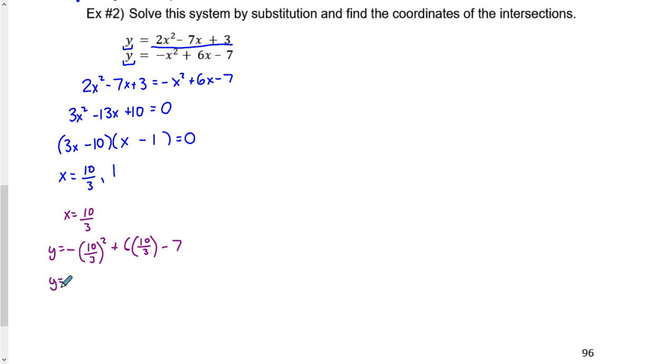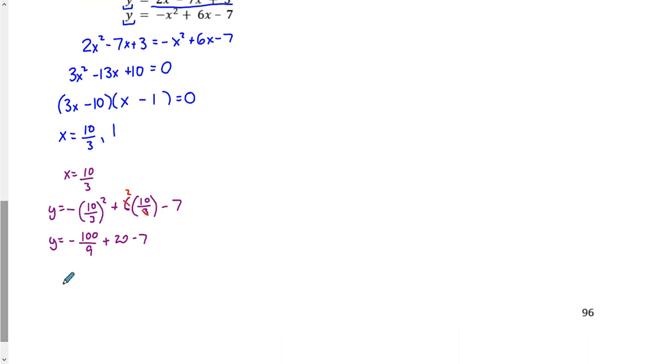So y would be a negative 100 ninths, adding, to save myself a little bit of extra work here, this would just become 2. Add 20, subtract 17. So y would be negative 100 over 9.